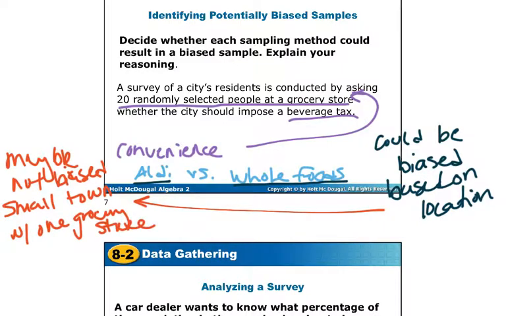This would be an excellent representation. If it takes, like, 2 hours to get to the next town, and this is the only grocery store, pretty much there would be an excellent representation of that town or city area and what they thought. So, could be either.